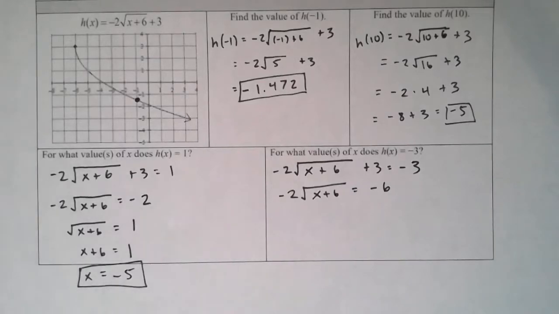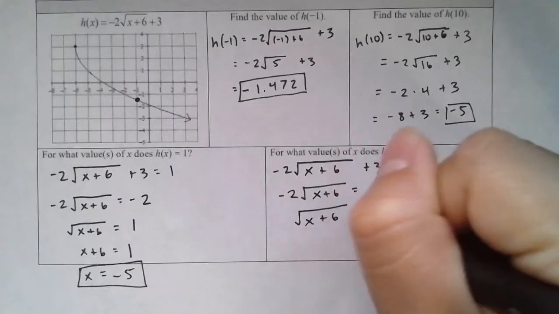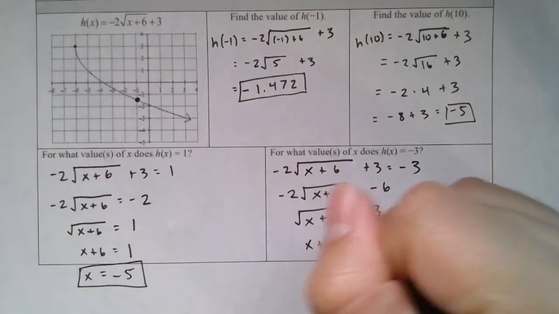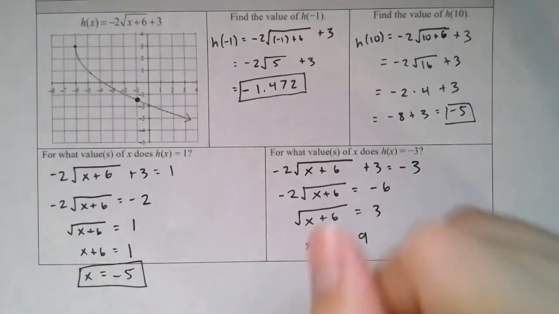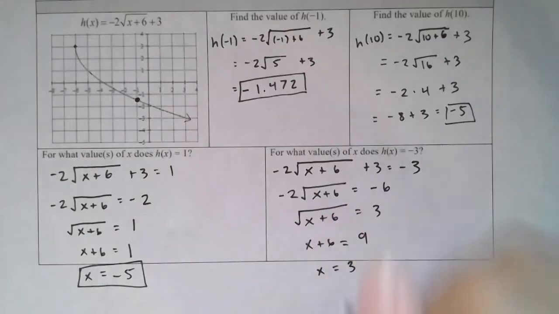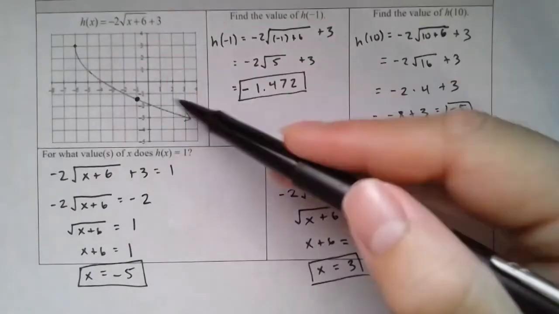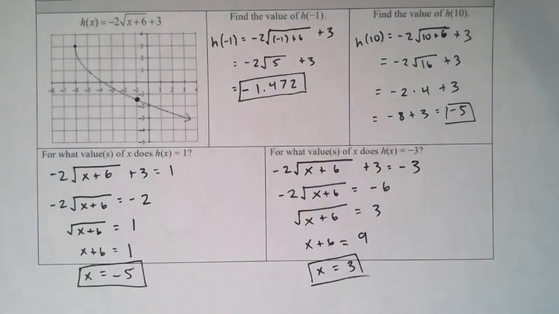Divide both sides by -2, so I get square root of x plus 6 is equal to 3. Raise both sides to the second power, and you'll get x plus 6, which cancels out the square root, is equal to 9. And then I subtract 6 from both sides, and I get x is equal to 3. Okay, and it does, just like we said, it does look like that's where you'll have the function equal -3.